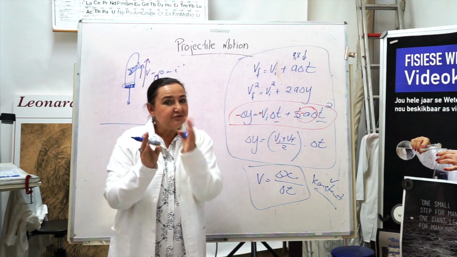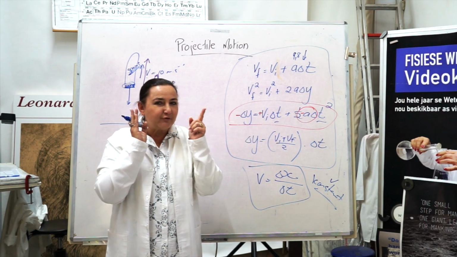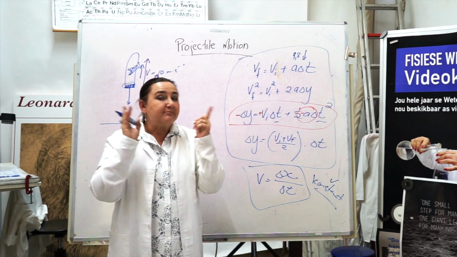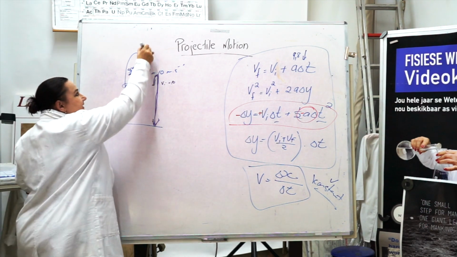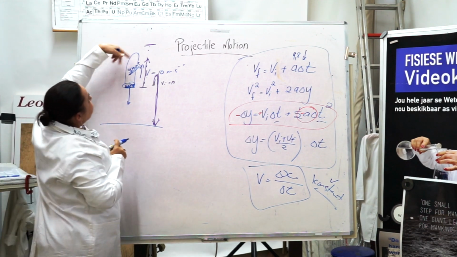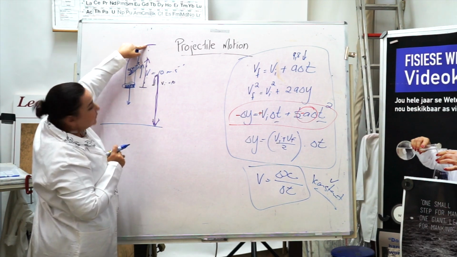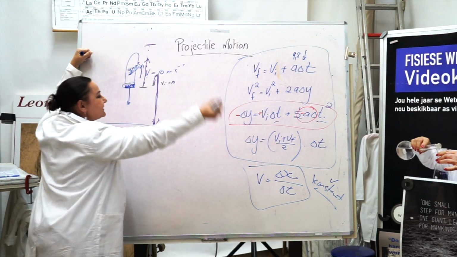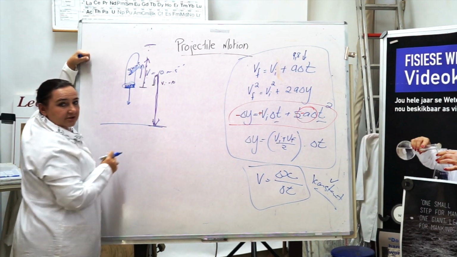So if you've got two things happening simultaneously, then just keep in the back of your mind already that it might be that they ask you, at what height is my SpaceX module or whatever, what height would it reach in the same time that it takes for the petrol tank to reach Earth.